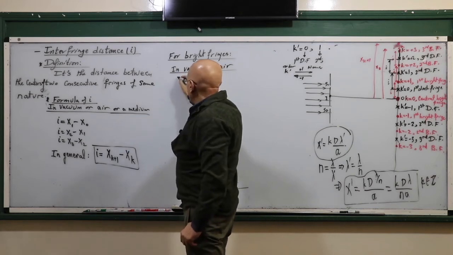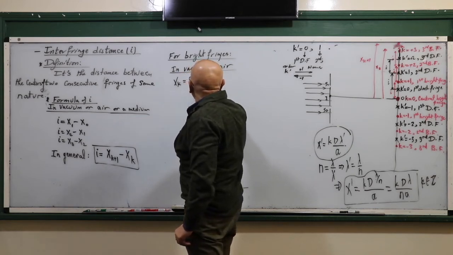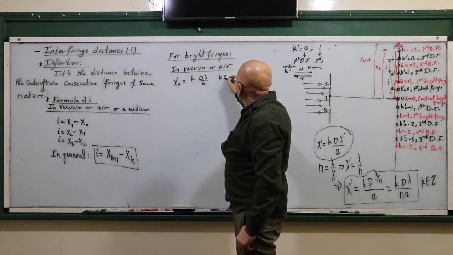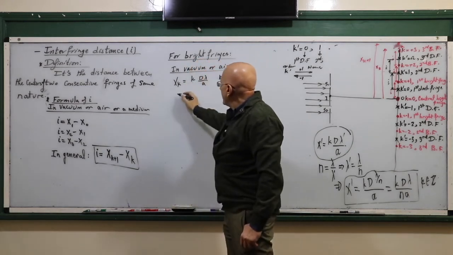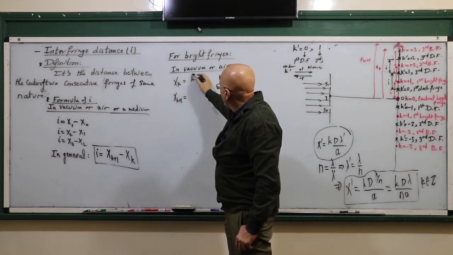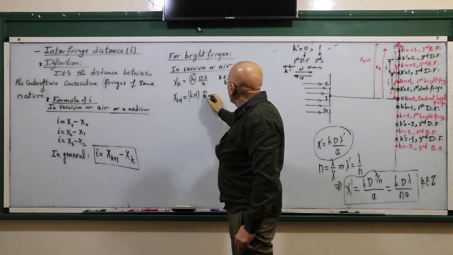Since it's bright, xk equals k d lambda over a, where k belongs to Z. Now, x(k plus 1): I replace k by k plus 1, you get (k plus 1) d lambda over a.